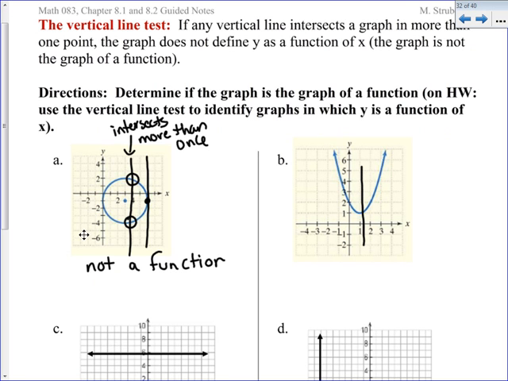Nope, that hits just once. Hits just once. Hits just once. Any line I try to draw on there is only going to intersect my graph one time. And that's what we want. That's how it passes. Any vertical line will only intersect that graph once. So this graph is a function.